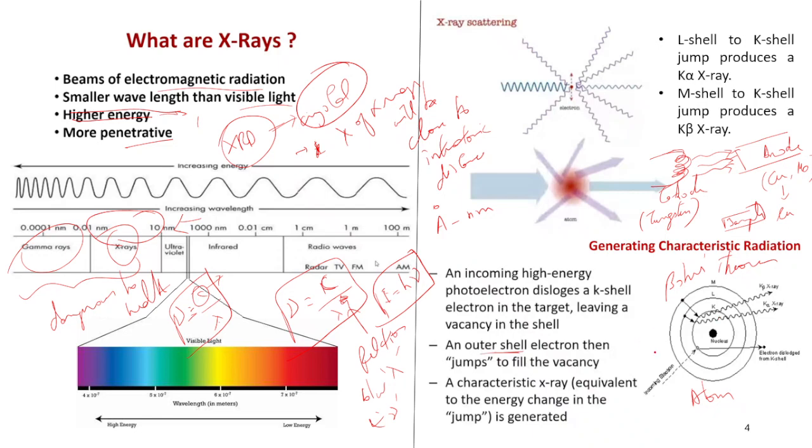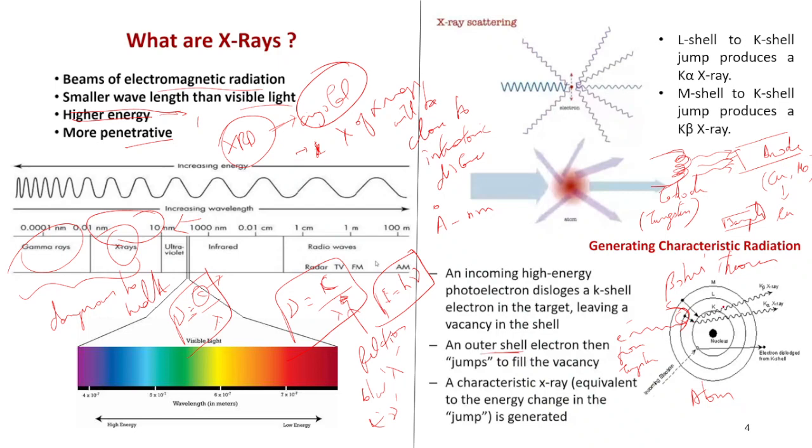Electrons from the tungsten come at very high speed and knock out electrons from their original orbital. Say, for example, there is an electron in the L shell, and an electron from the tungsten comes and strikes it.